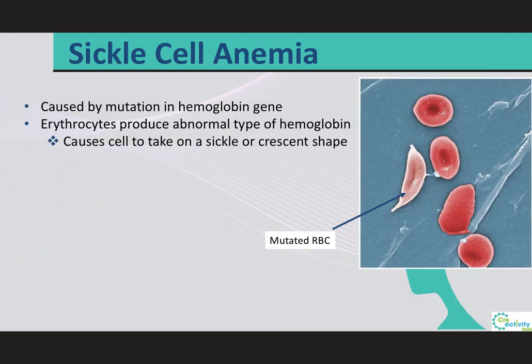Here we have an example of a malformation of red blood cells in this disease that's called sickle cell anemia, and it is caused by a mutation in one of the hemoglobin genes. So this will cause the erythrocytes to produce an abnormal type of hemoglobin, which causes the cell to take on a sickle or a crescent shape like this one shown over here.